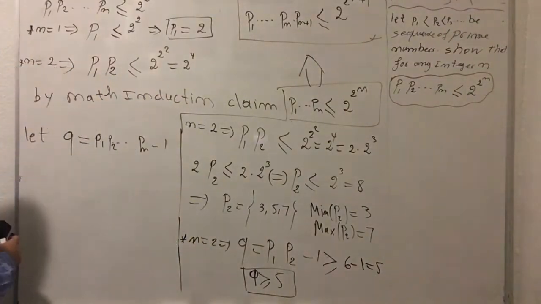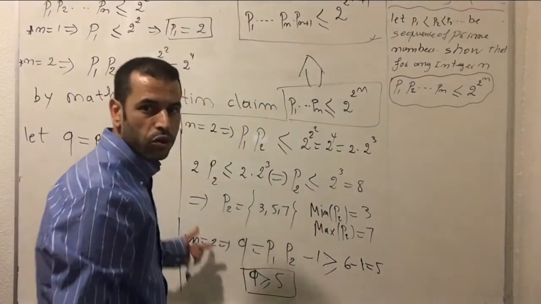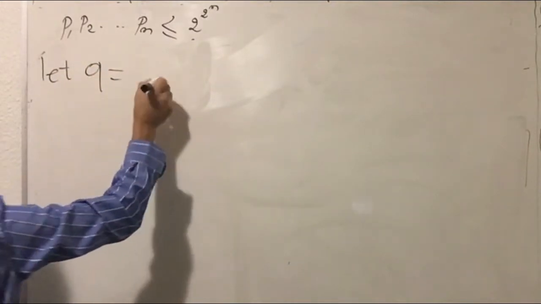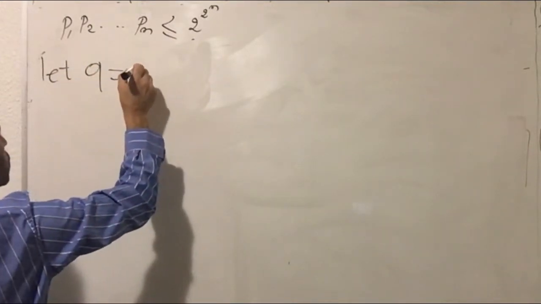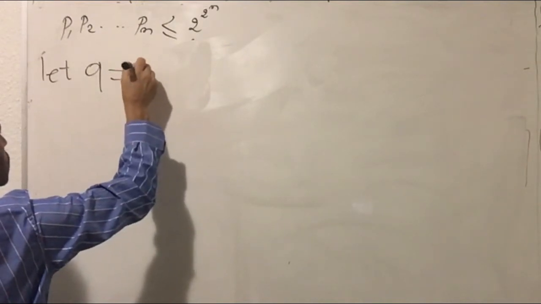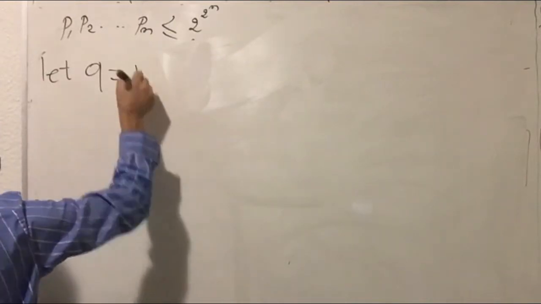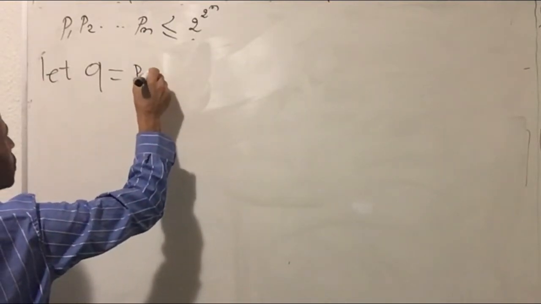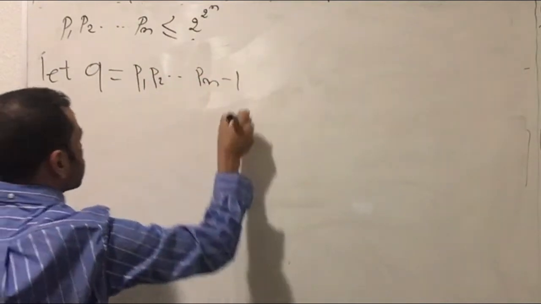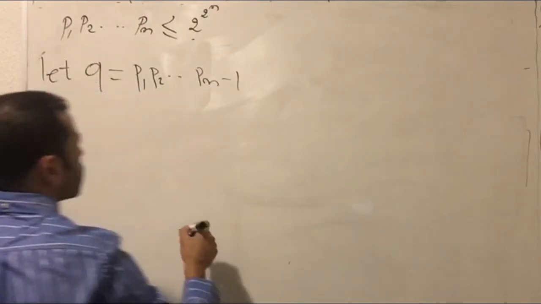Now what I'm going to do is work on this in order to solve the problem. Q equal to, as we have before, the product P1 through Pn minus 1.